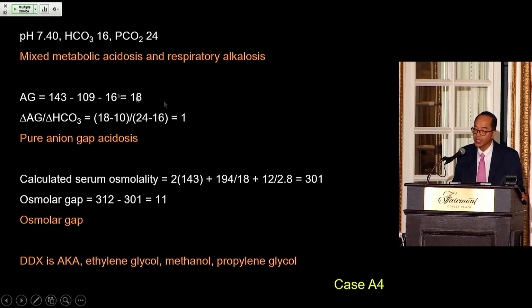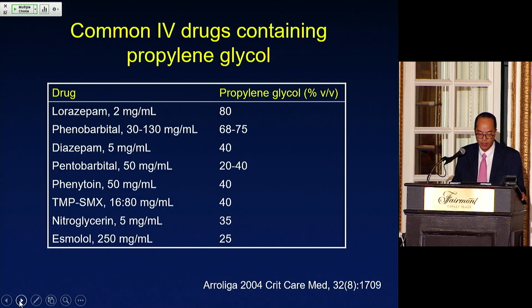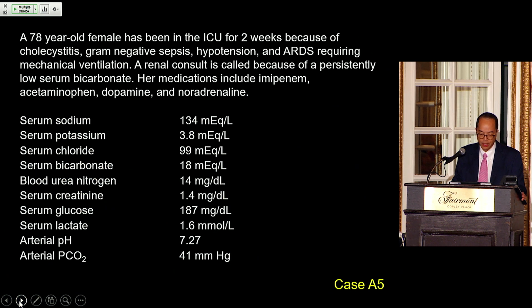If you formally calculate it, which I encourage you to do in your spare time so that you get quick at doing these, you'll see that this is actually a mixed metabolic acidosis and respiratory alkalosis, a pure anion gap acidosis, and osmolar gap. The differential is as shown here, but obviously given the context, this is most likely propylene glycol poisoning.